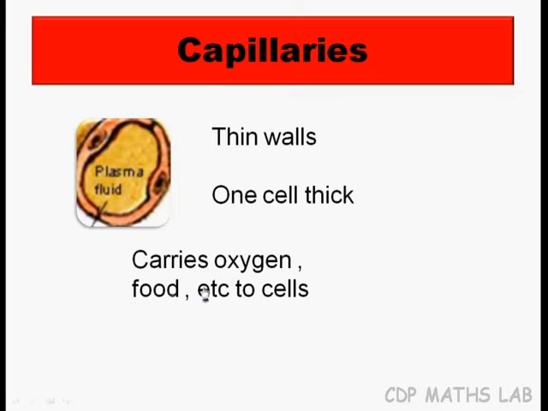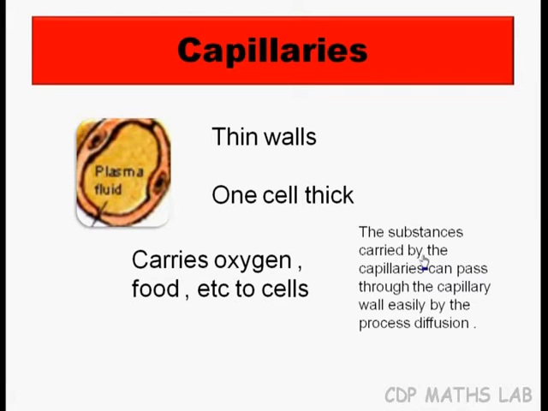Now, of course, the function of the capillaries, they carry what? Oxygen, food, and other substances. They even carry carbon dioxide, which comes from the cells after respiration. They carry hormones as well, and other substances to the cells. Now, the substances carried by the capillaries can pass through the capillary wall easily by the process of what?